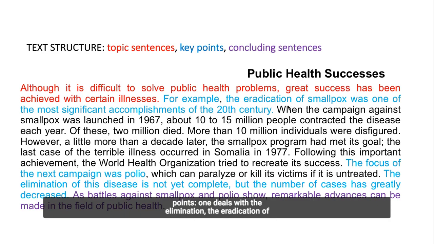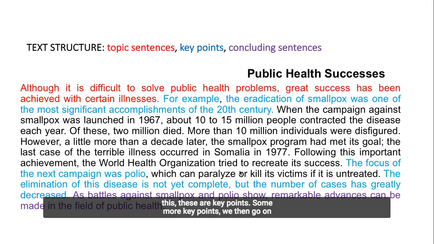One deals with the elimination, the eradication of smallpox, having been one of the most important achievements of the 20th century. These are supporting details. Generally, in a summary, you wouldn't include this because this is, well, too much information for a summary. Your summary would include certainly these ideas in the main sentence. A bit of this, these are key points.